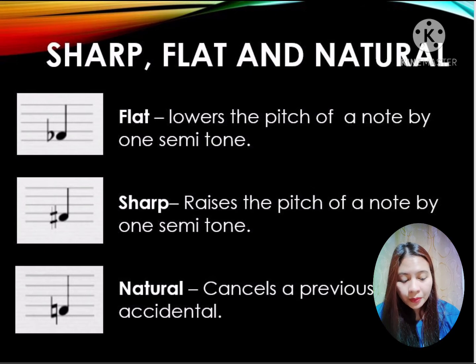So the sharp is like the hashtag symbol on our keyboards, which indicates that the tone should be raised one semitone. Next is natural. Natural cancels a previous accidental. So all the notes that are put before the natural symbol are cancelled.